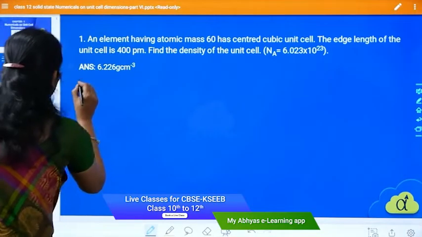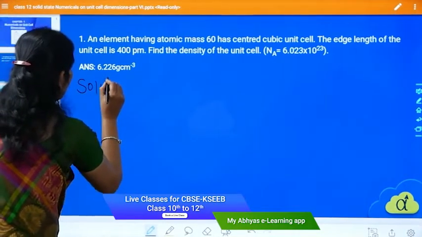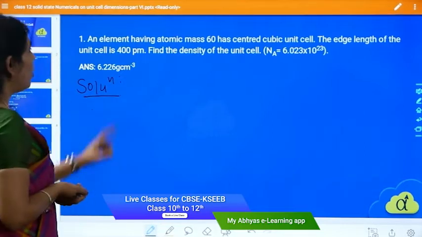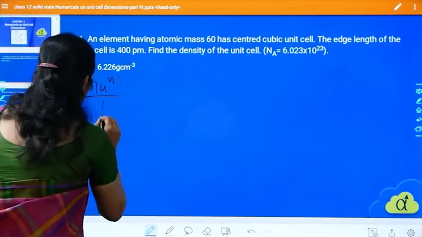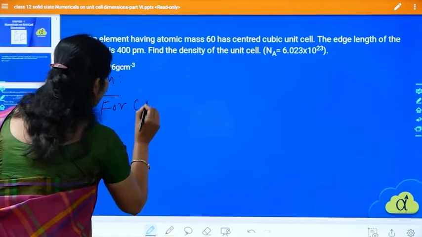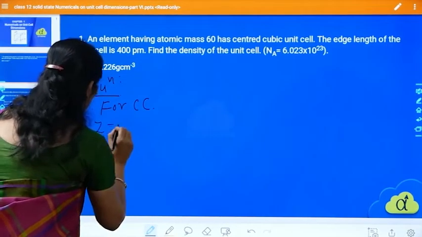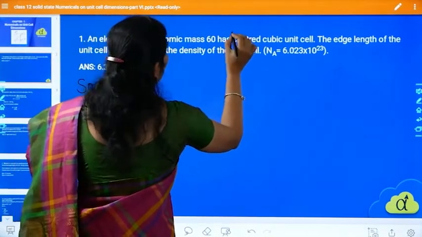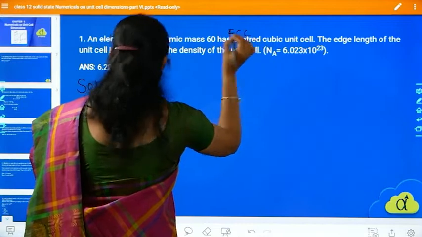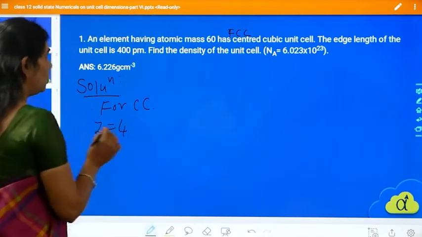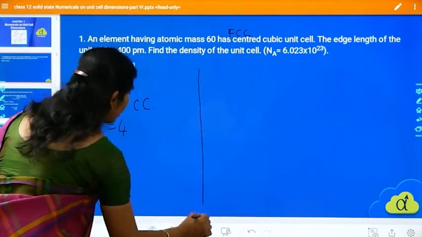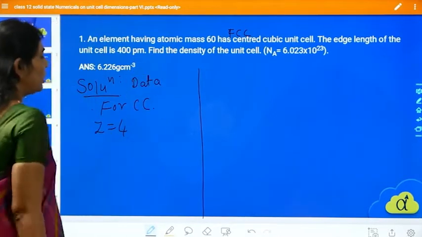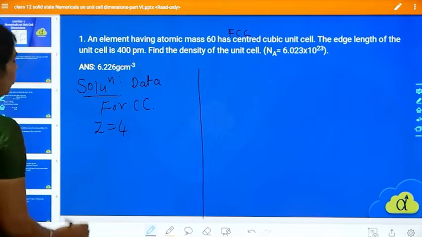Now the solution. How can you solve this problem? First you have to write the formula. For FCC, Z is equal to 4, because the given problem is regarding FCC. First I am writing the data, what is given. Z is equal to 4.